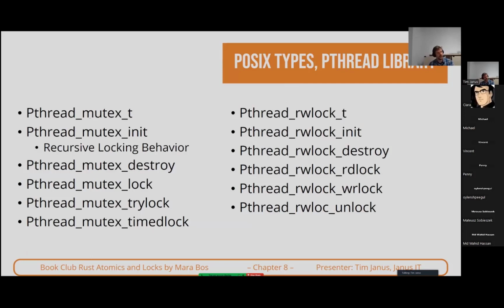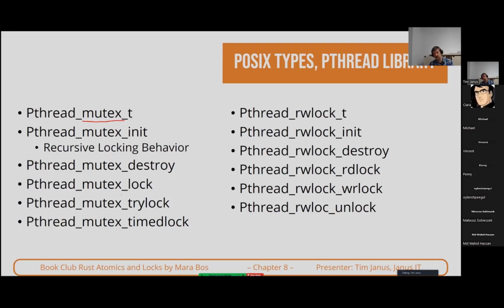We have three C functions for different types, like the mutex. We have an initialization, and we can also have some configuration for recursive locking, or to destroy it. So we really have to use these init and destroy methods.